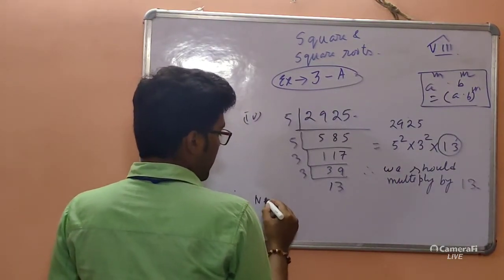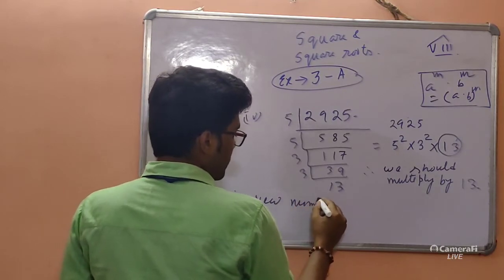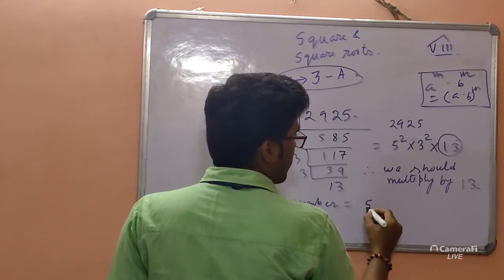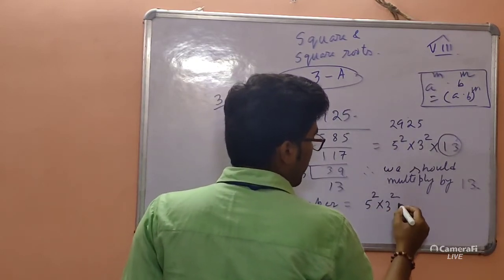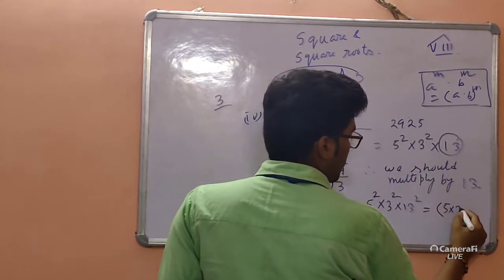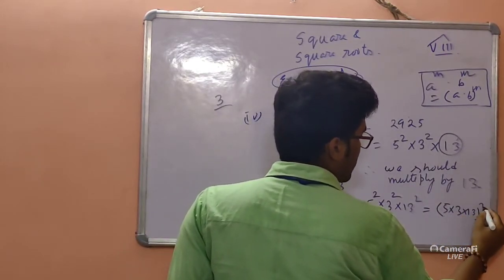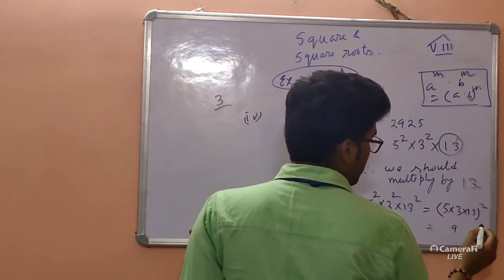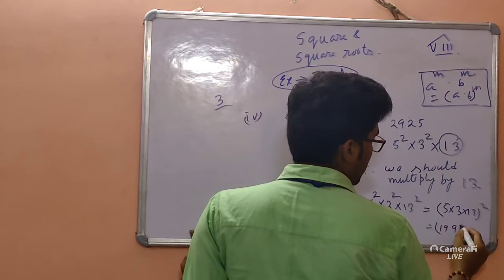Therefore the new number will be multiplied by 13. So 5 square into 3 square into 13 square, that means what? 5 into 3 into 13 whole square. Clear?